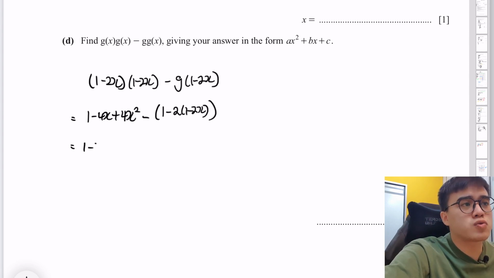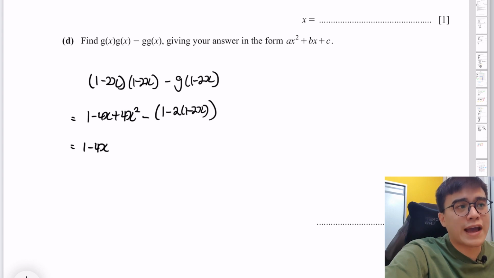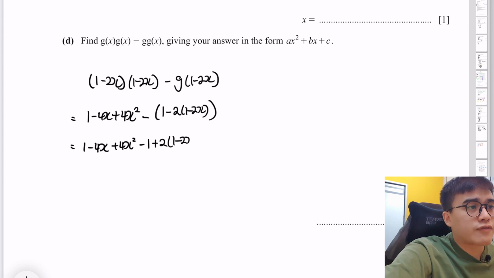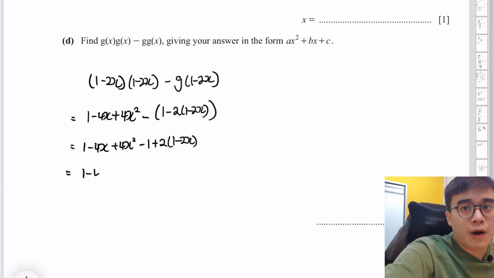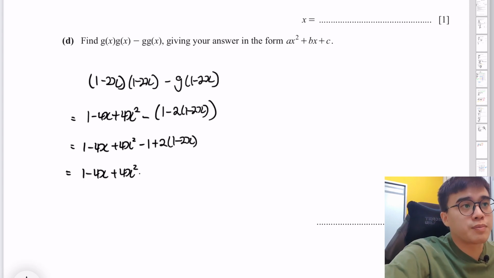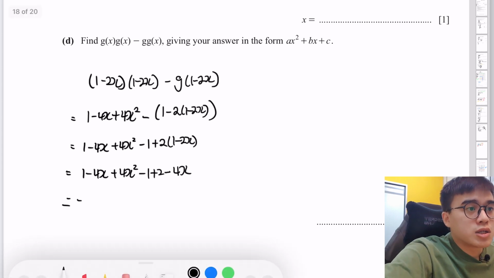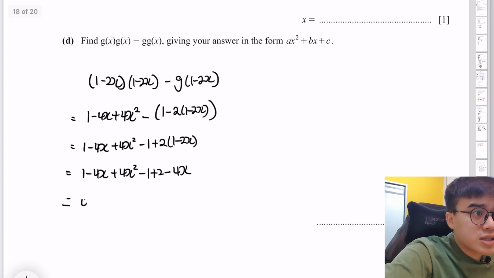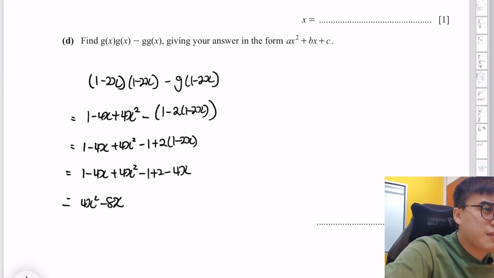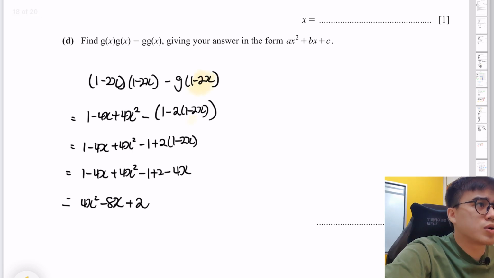So this 1 minus 2x at the back will be replaced into the x position of function g. After everything, remember to put the bracket because the relationship between the front's value and the back is minus. So after all this detailed calculation, I get my result as 4x squared minus 8x plus 2.